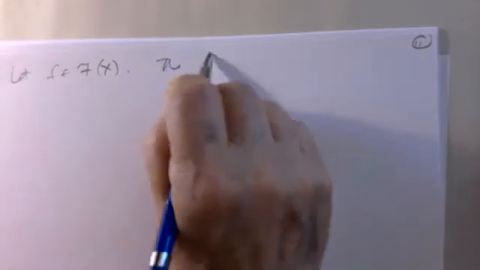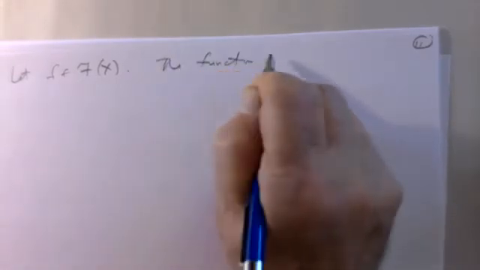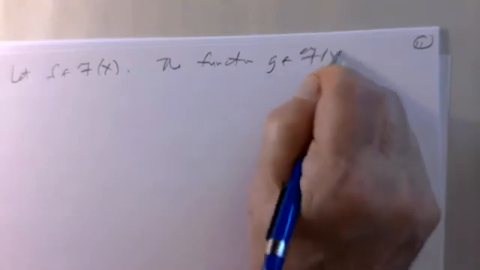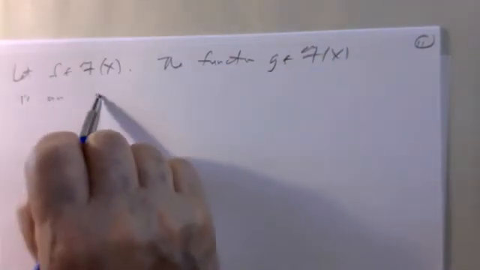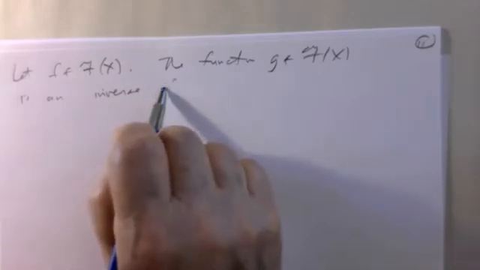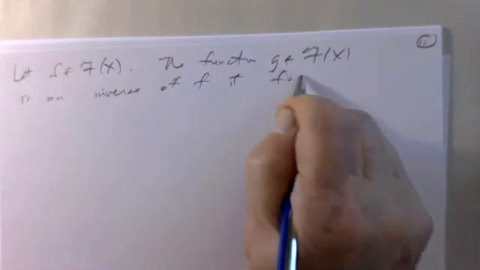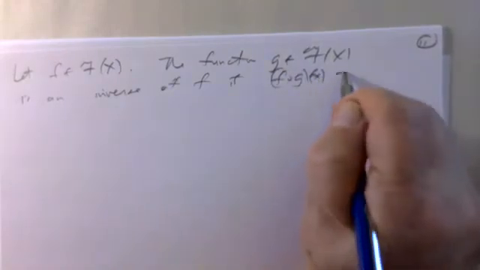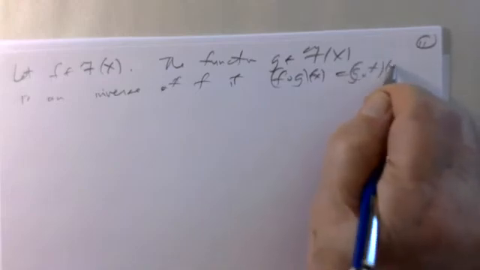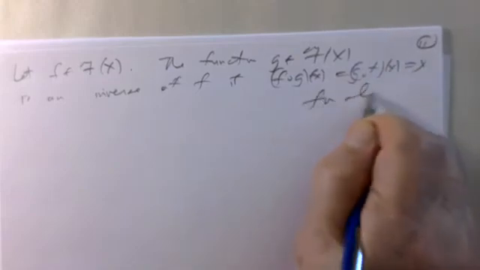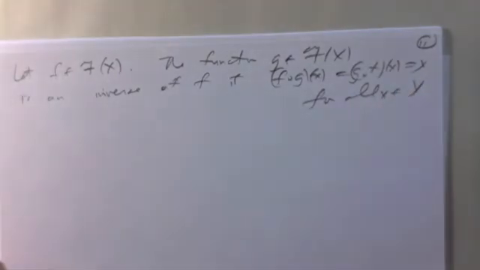Let me just say explicitly what the inverse of a function is. Let f be a function, the function g in f of x is an inverse of f if f composed with g of x and g composed with f of x equals x for all x in the set.